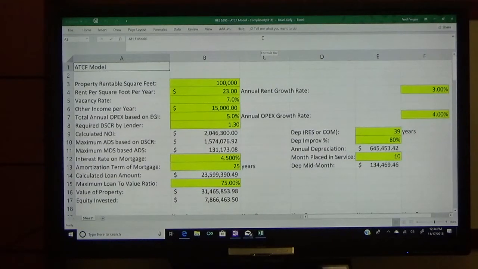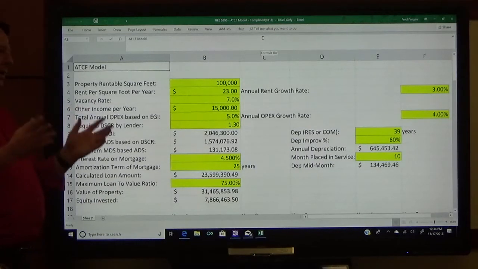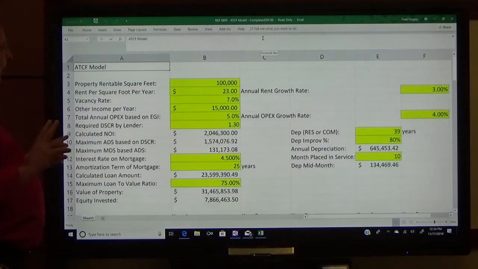The idea behind this model, which I just built, is that it allows for a fair amount of flexibility in putting in virtually any sort of property type and whatever the assumptions are, and then it does not only the before tax calculations, but the after tax calculations. So you're going to get exposed to, if nothing else, a precursor to what you're going to see in the real estate investments course next semester on the after tax stuff. So with that, let's jump on in.